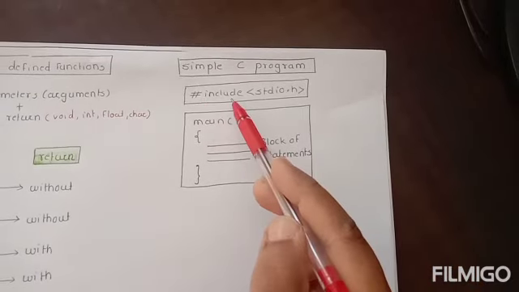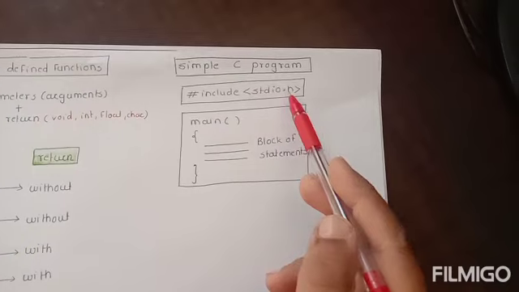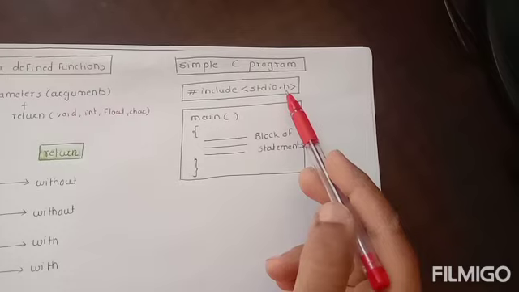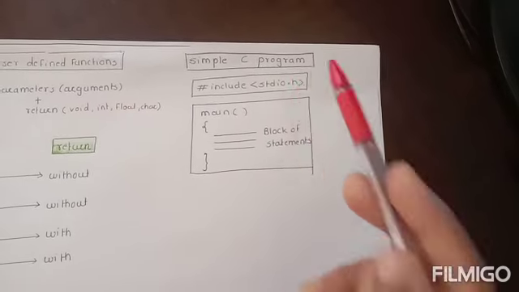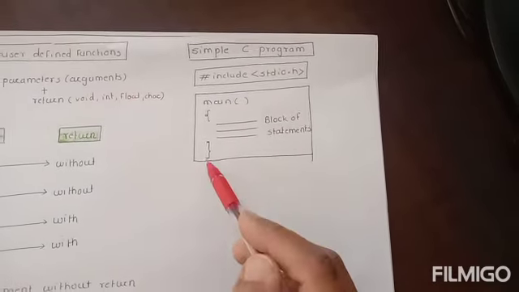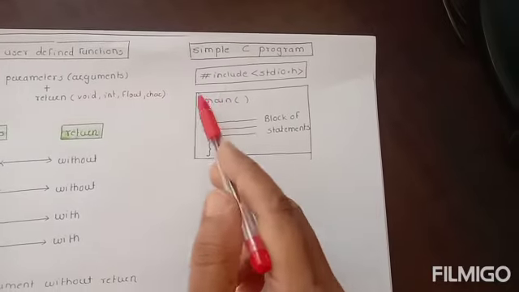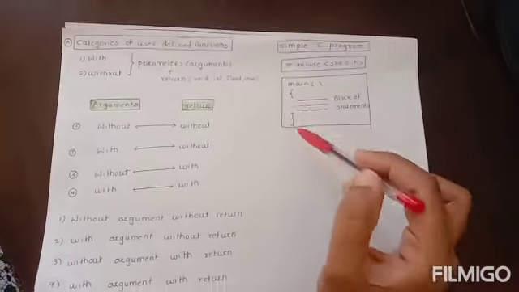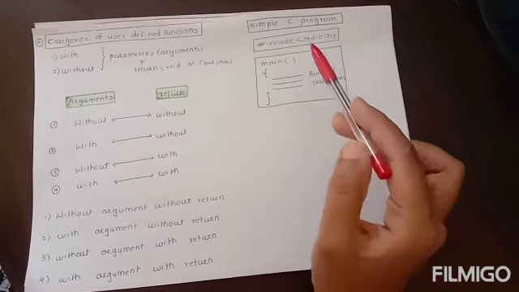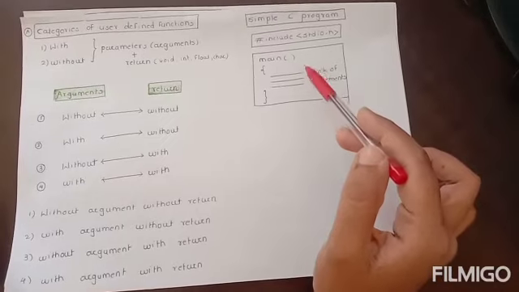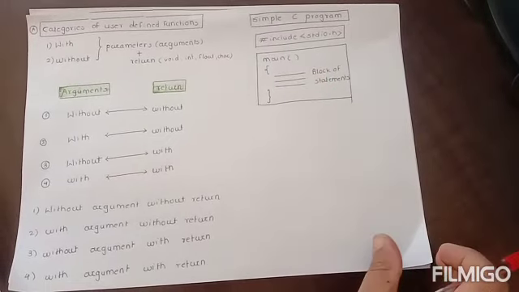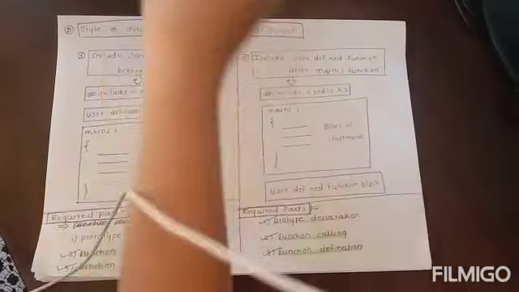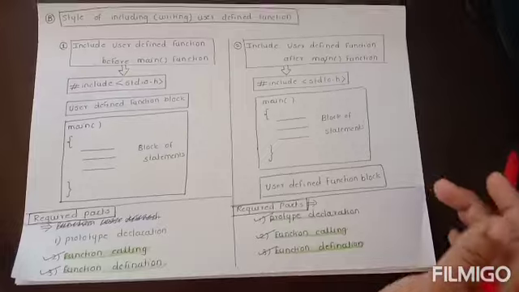First one is hash include stdio.h, which is nothing but the header file or preprocessor directive, and next would be your driver function, that is nothing but the main function. So this is a simple C structure block, and now using these two blocks we'll see the next part which is required for writing a user defined function.